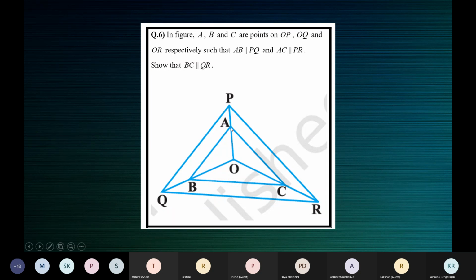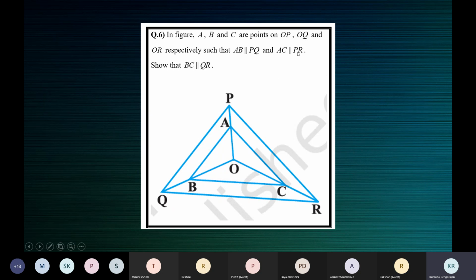OP, ma'am. A lies on OP. Rakshan, what about B? B lies on which line segment? B lies on OQ, ma'am. Yeah, you got it. Now tell me the triangle, and AB is parallel to PQ. POQ, ma'am. Correct, POQ is a triangle.